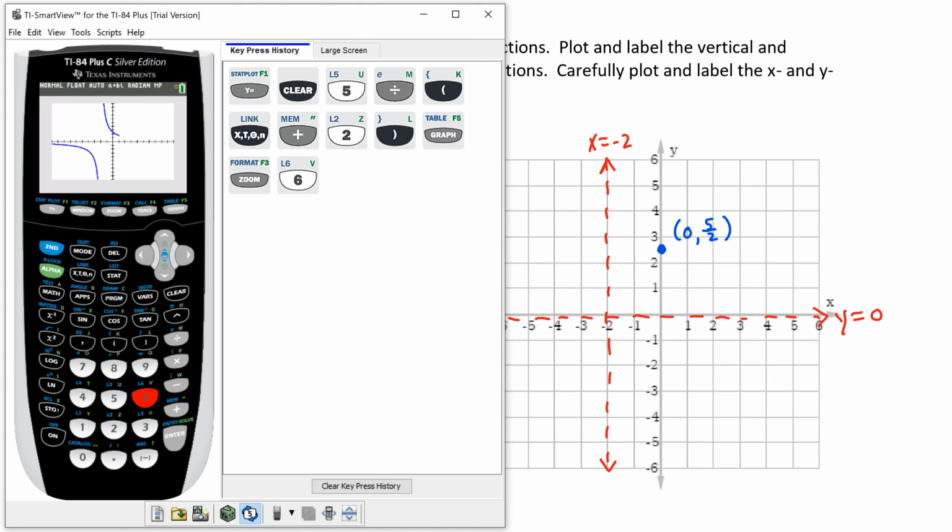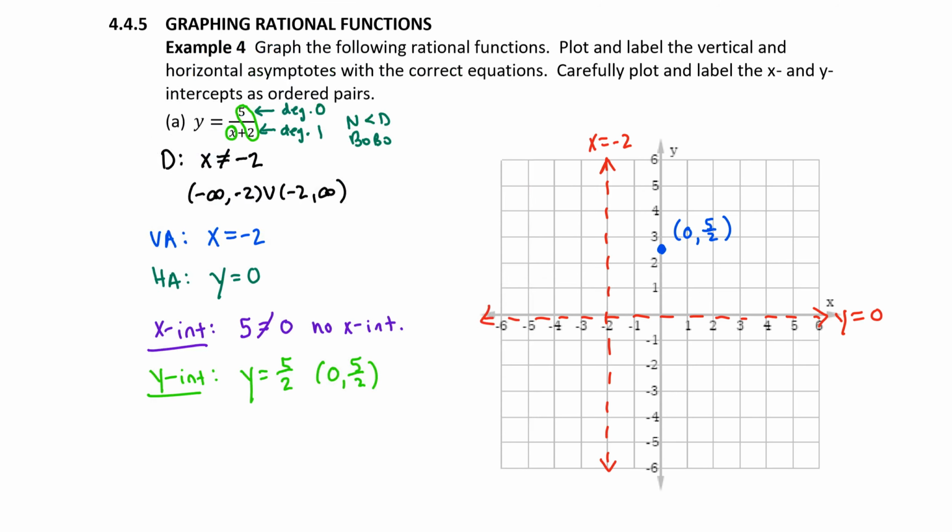At this point, I'm just looking at the general behavior of the graph. I've got the specifics constructed in the vertical and horizontal asymptotes. I've got my y-intercept. Next, I'm just, again, going to sketch the general behavior of the graph. So I want to show that the graph follows the asymptotes and is limited. It's not going to cross either one of them. And that's a pretty basic sketch of our rational function.